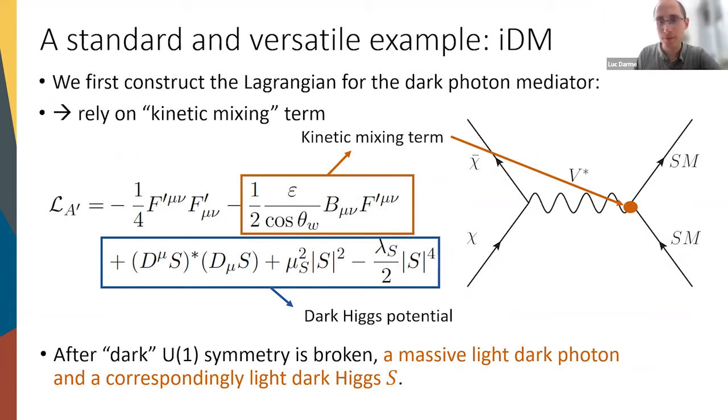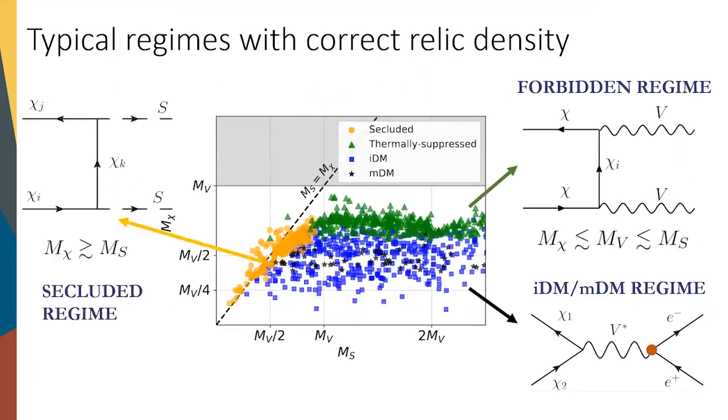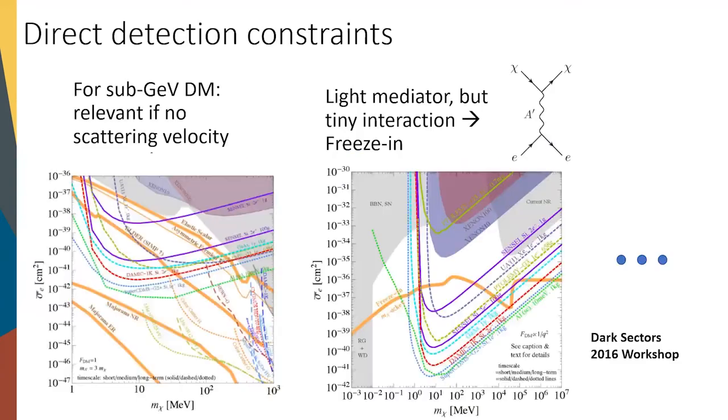Just about your last slide, from an experimental point of view, what do you think is the best way for an experimenter to cover the model you propose? Lowering the threshold, of course. Sorry, Corinne, I really don't hear you very well. Oh, sorry, just because I'm at home. Can you hear me?